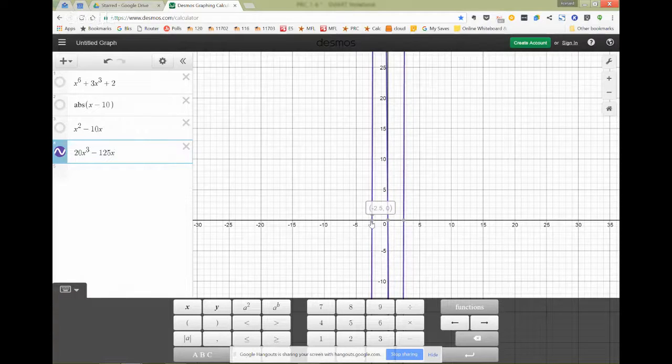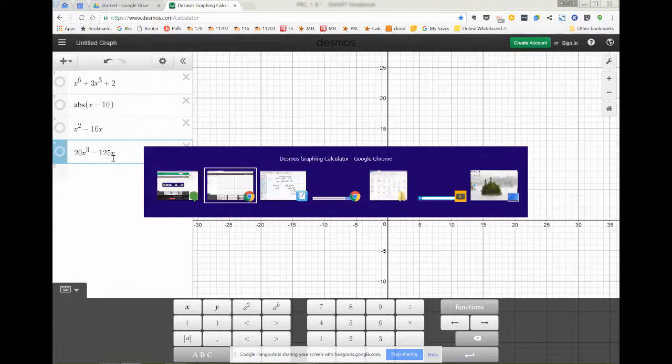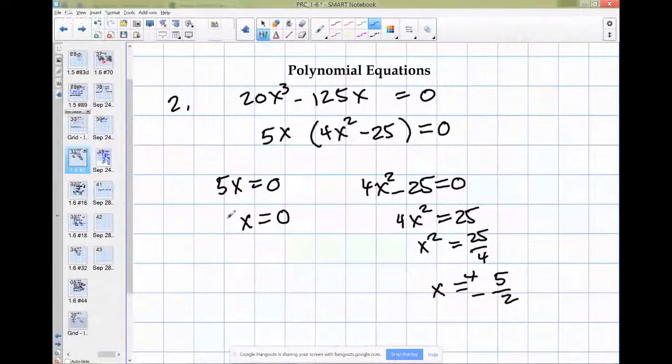So even though you can't see the cubic because it's scrunched horizontally so much, you can see there are only 3 places where it crosses the x-axis, and it totally agrees with what we just came up with. Desmos is a cool, quick way to check. You can go through on your calculator and crank it out too. Either way.